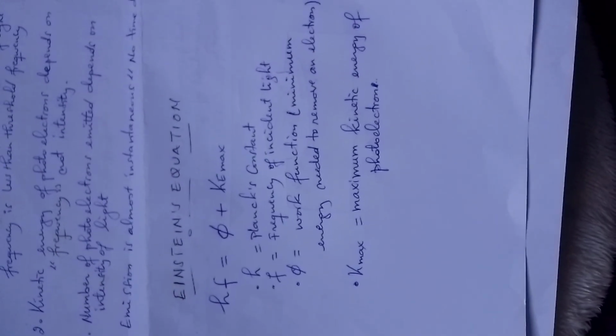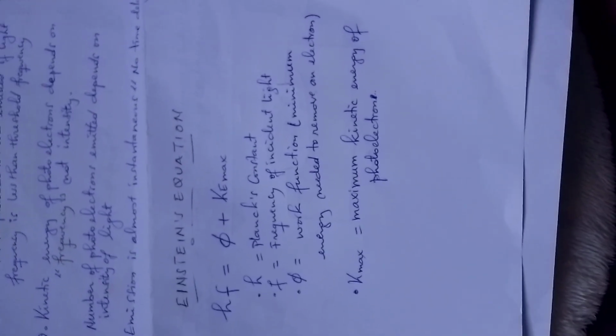In this experiment, part of the light energy is absorbed by some electrons to remove them from the metal surface, and the remaining energy is transformed into the kinetic energy of ejected electrons.